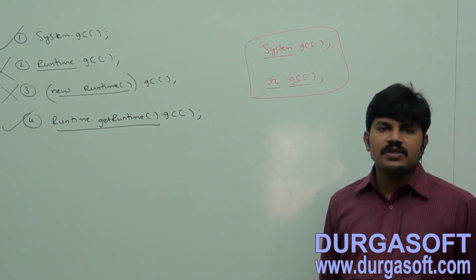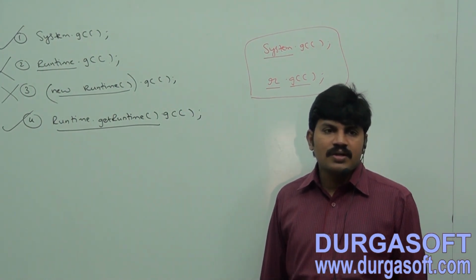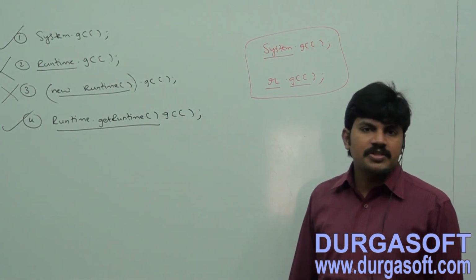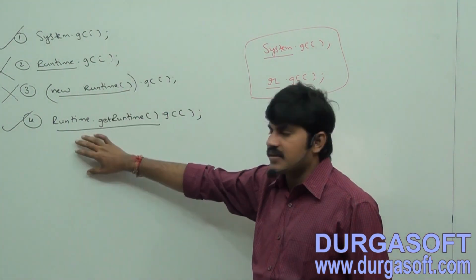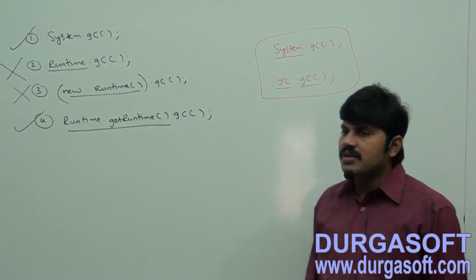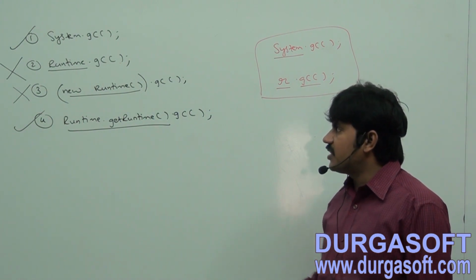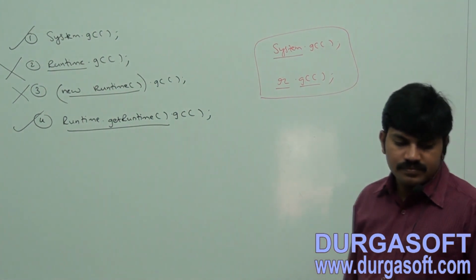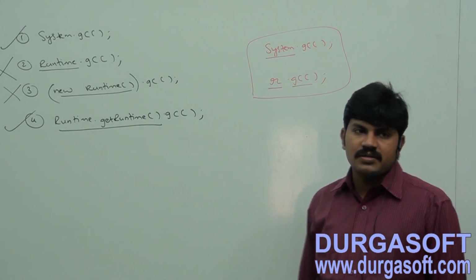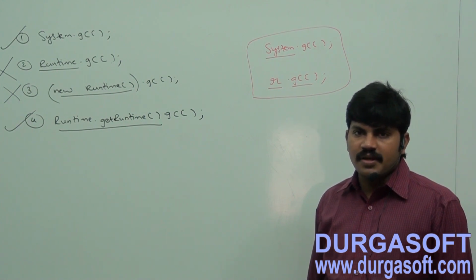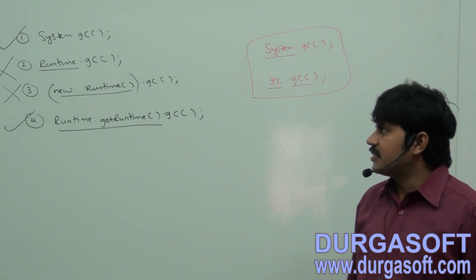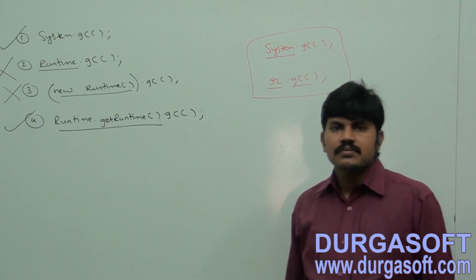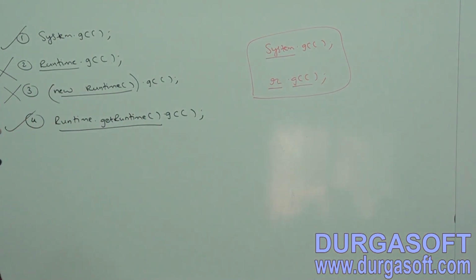Take these options: System.gc, Runtime.gc, new Runtime.gc, Runtime.getRuntime.gc. Completed, right? I hope.